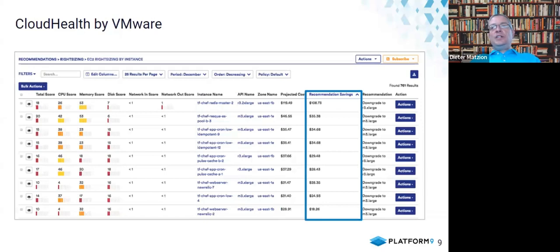Next, we see that the savings are being calculated, and they are being sorted by the highest savings on top. So that is how it's supposed to be. However, there will be two specific actions from that we will go into later. The first one is that the largest number is about $100.